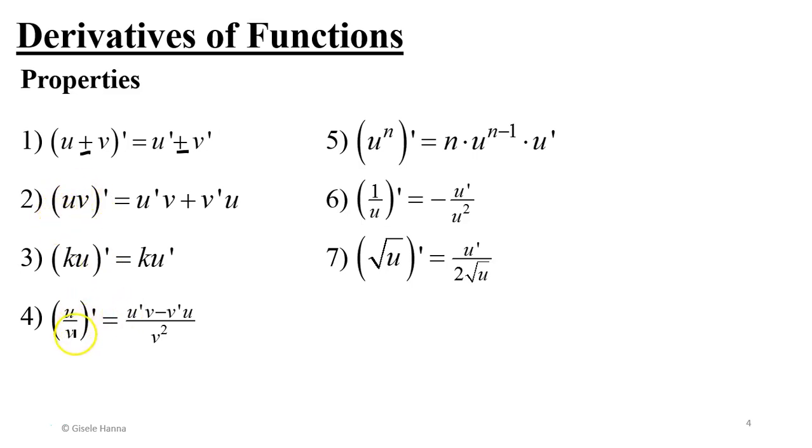And similarly for the quotient, the derivative of u over v is not u prime over v prime. It's u prime v minus v prime u over v squared. So it's the derivative of the first times the second minus the derivative of the second times the first, divided by the square of the denominator. Okay, so these are the product rule and the quotient rule of the derivatives.